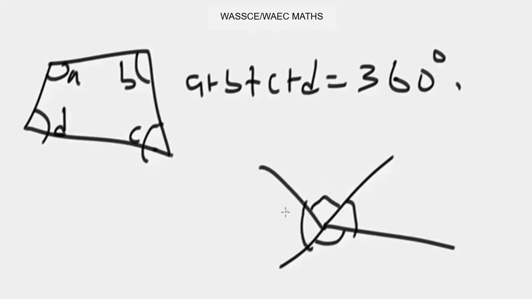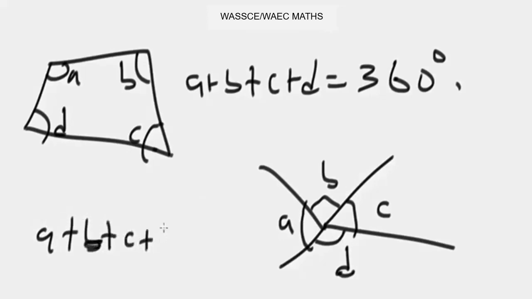Let's say this is angle A, angle B, angle C, and angle D. In an example like this, angles around a point, note that angle A plus angle B plus angle C plus angle D will sum up to give 360 degrees. Very important.